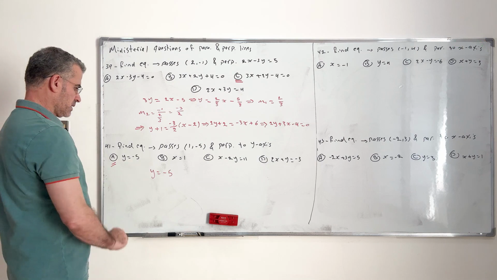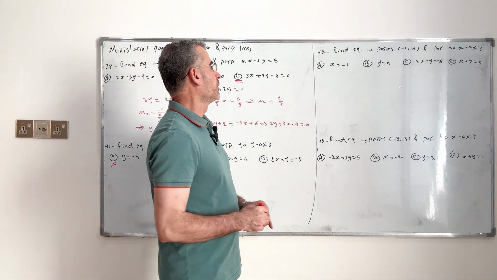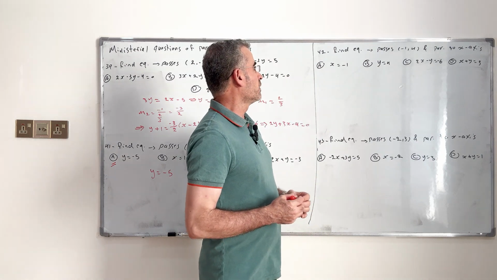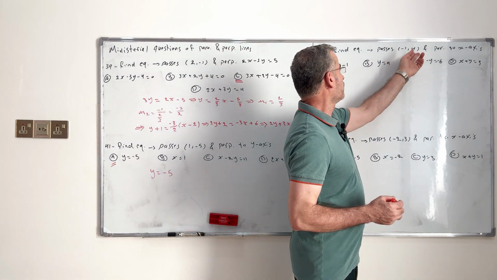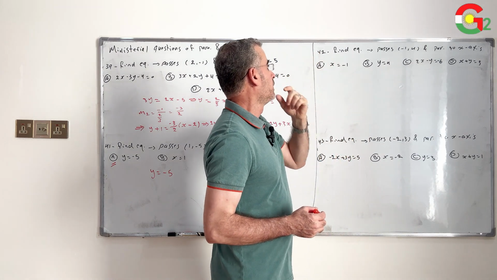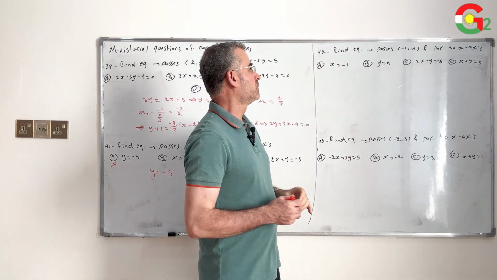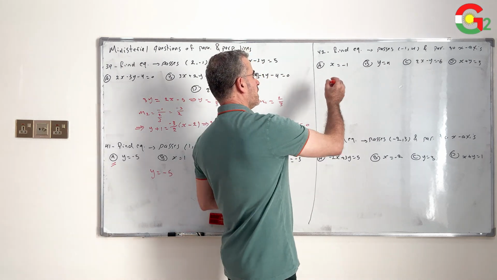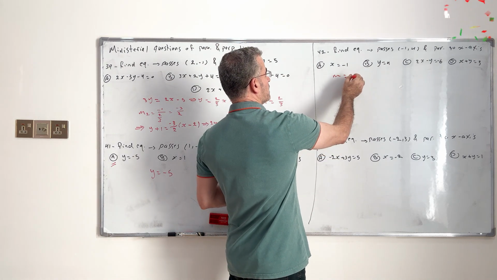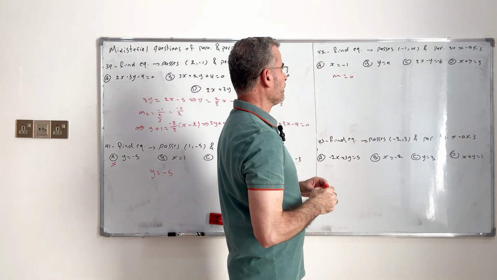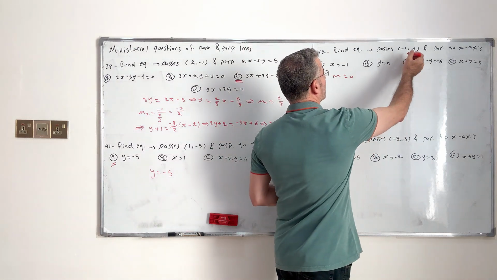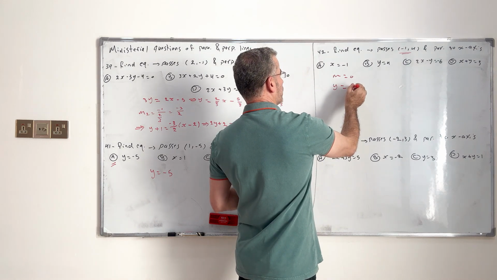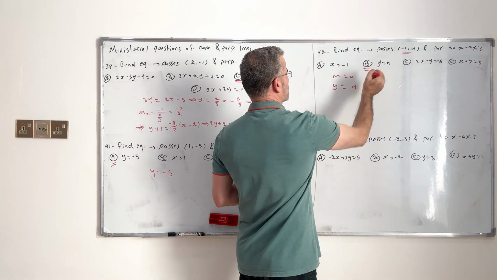It is choice number A. Question number 42. Find the equation of the line that passes through the point (-1, 4) and is parallel to the x-axis. Parallel to the x-axis is perpendicular to the y-axis, so its slope is 0 also, and it passes through the point (-1, 4). Then it is y = 4. Choice B.